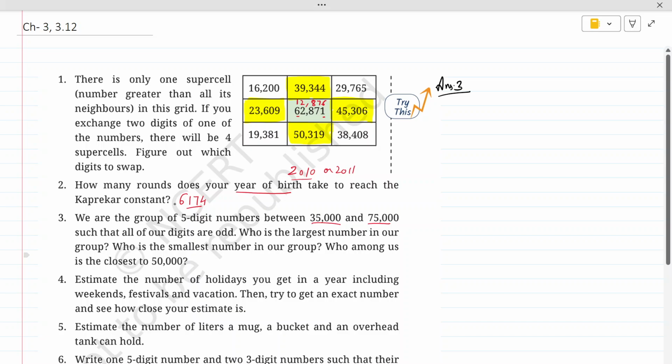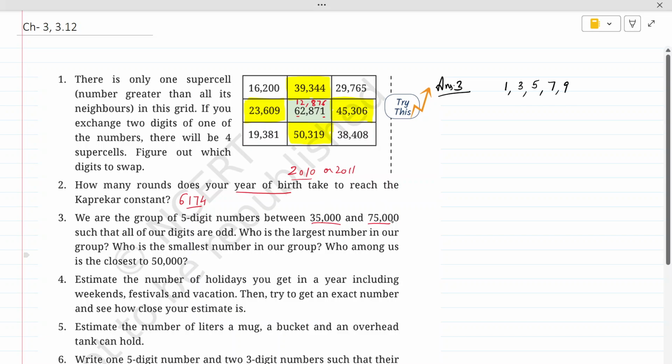So first of all, let us take what the odd digits are. They are 1, 3, 5, 7, 9. These are the 5 odd digits with us. Now, using these odd digits, we have to create 5-digit numbers such that they lie in this range.